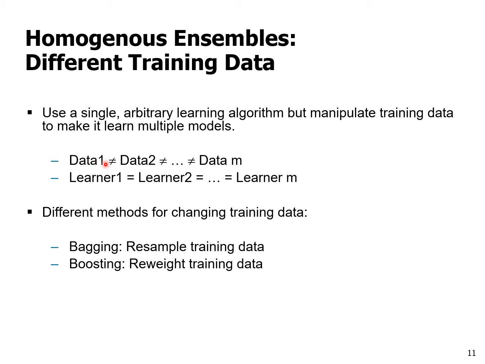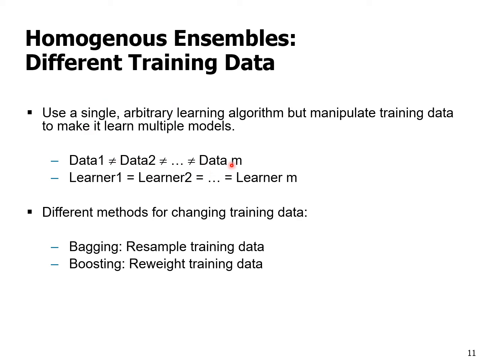So by using data 1, we have classifier 1. By using data 2, we have classifier 2. So we have a classifier m. So now we have m different classifiers, okay. So this is the basic idea of ensemble method with different training data. Then the next question is, here I said from original data, we generate multiple training data, right?